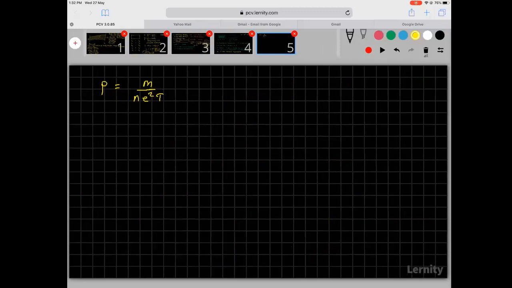Now let's see what happens. Suppose I have an insulator. If temperature increases, the N value increases significantly. So what will happen to resistivity? Resistivity decreases.